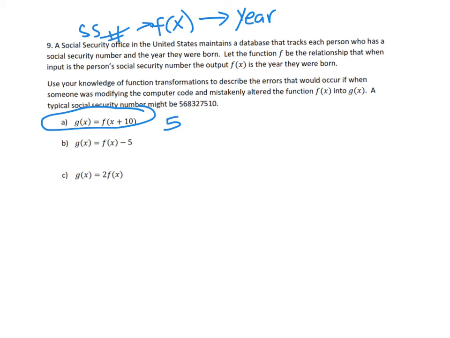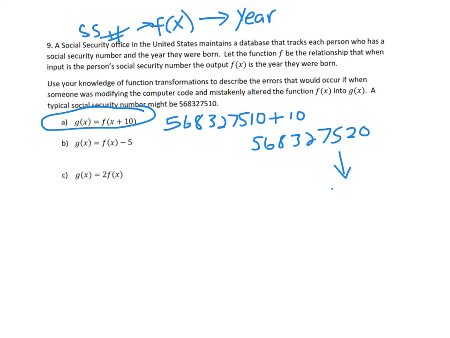If my social security number, which it's not, was 568327510, and I put that into the computer program, the first thing it's going to do is add 10 to that, giving me 568327520. It's going to look up the birth year, and the birth year that comes out would be for that different social security number.